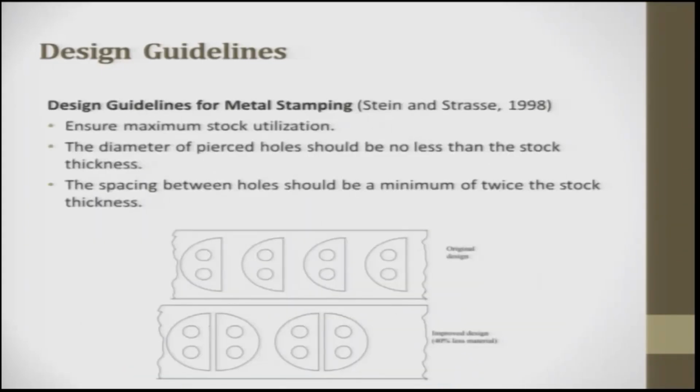So, these are some more for stamping. Ensure the maximum stock is utilized. For example, I do not know how many of you have seen, when you walk out, you will see a rubber pad, wherein different footwear are cut at varying angles.